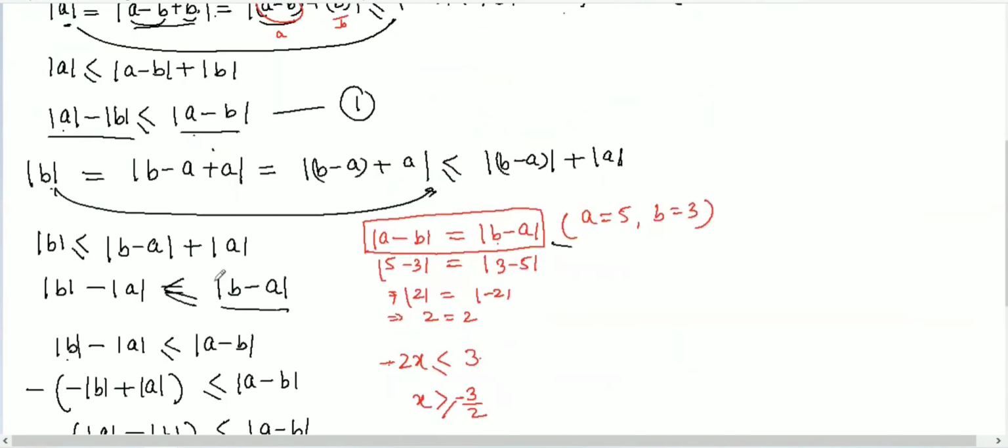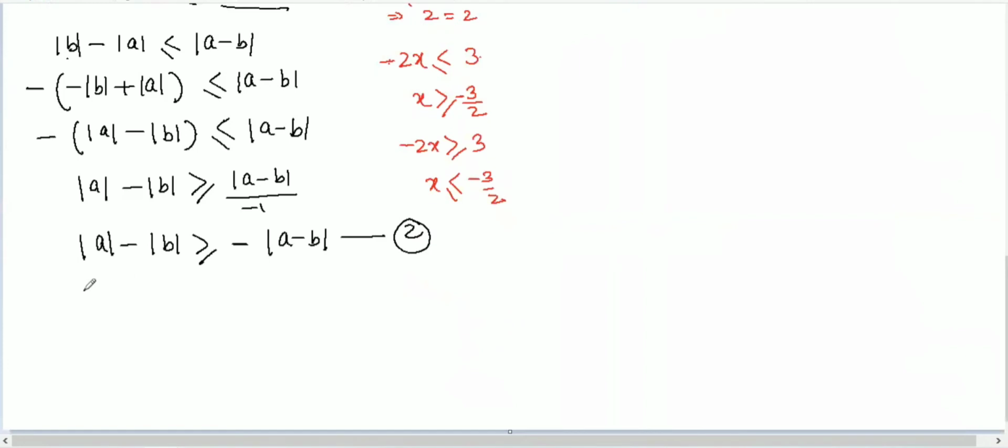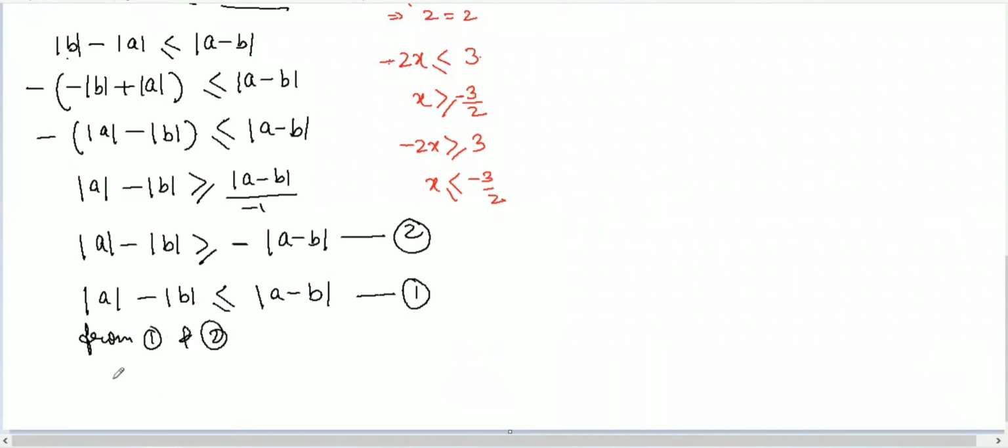Equation 1 is absolute value of A minus absolute value of B less than or equal to absolute value of A minus B. This is your first equation. Compare both from 1 and 2. You can write it down here from 1 and 2. Can you write it this way?